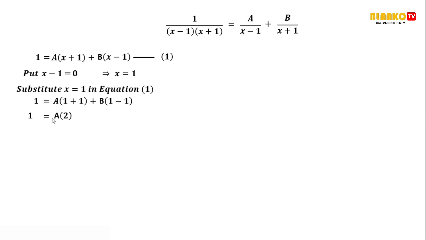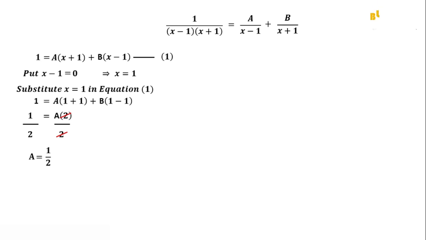So we have 1 equals 2A. Since we want to solve for A, we divide both sides by 2, and 2 cancels out on the right hand side. So A is going to be 1 over 2.